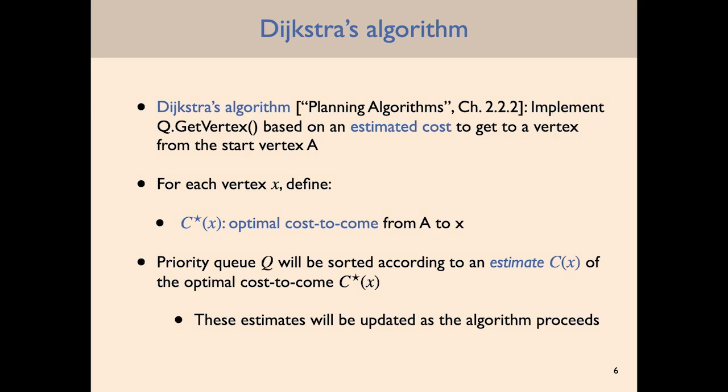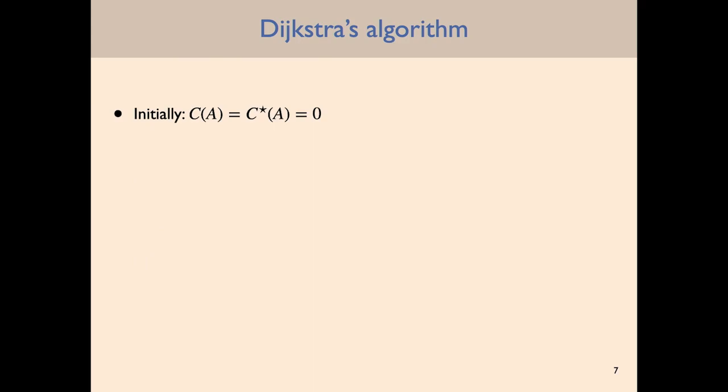As the algorithm proceeds, as we explore more and more vertices, we're going to update these estimates, C of x, for every vertex x that we're exploring. So that's the general idea. We're basically modifying what we take out of the queue based on this estimated cost to come. Okay, so we're going to initialize C of x for all x other than the starting vertex to be just infinite.